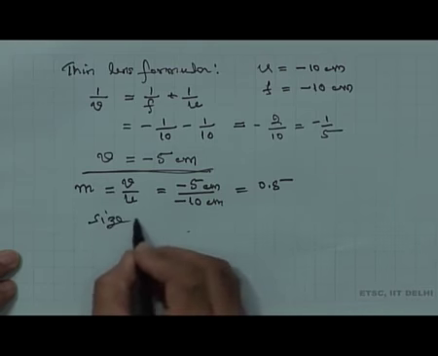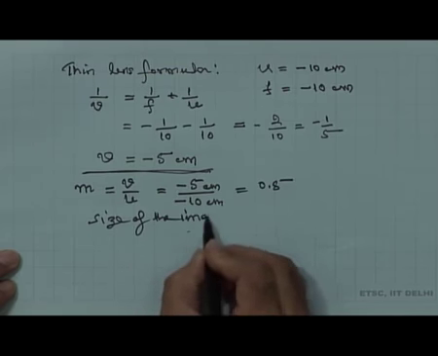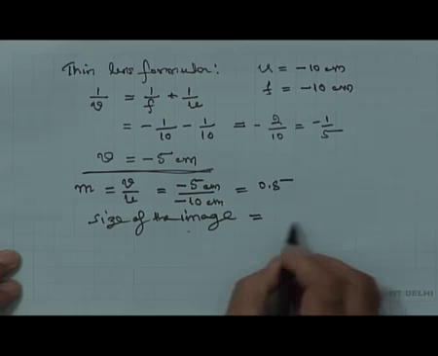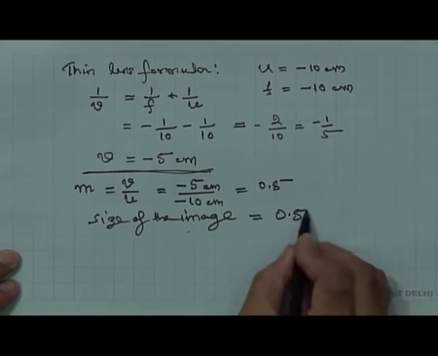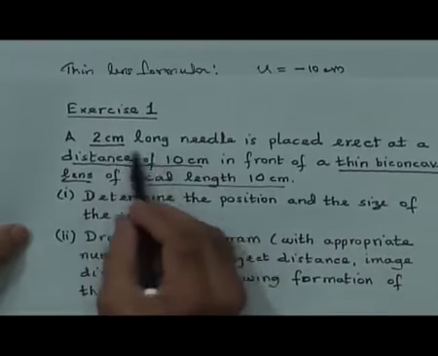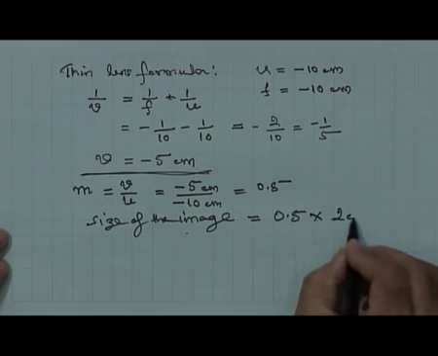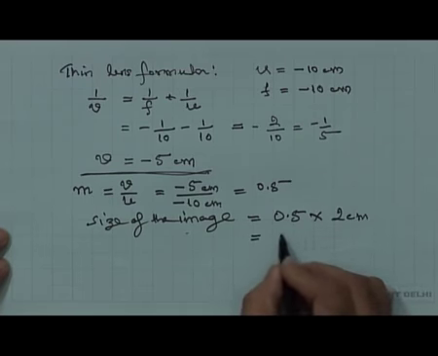Therefore, size of the image is equal to 0.5 into size of the object. Object size is given as 2 centimeter, therefore, the image size is 0.5 times 2 centimeter, which is equal to 1 centimeter.